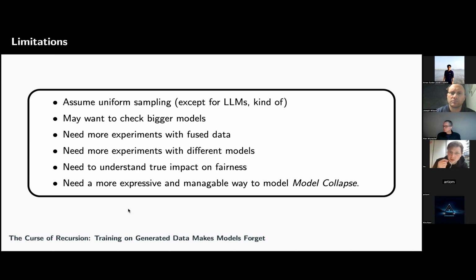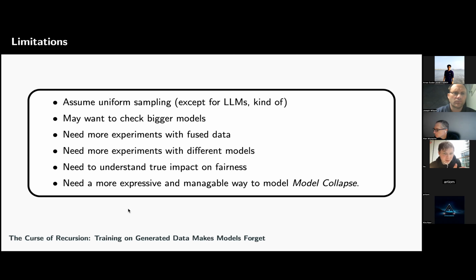In the paper, we only consider cases where all of the data comes from the previous generation of a single model. I'm certain it's going to behave relatively differently when multiple different models give data to subsequent generations, or when the data comes from different generations, not only generation n-1 but also n-2 and n-3 with a certain probability.